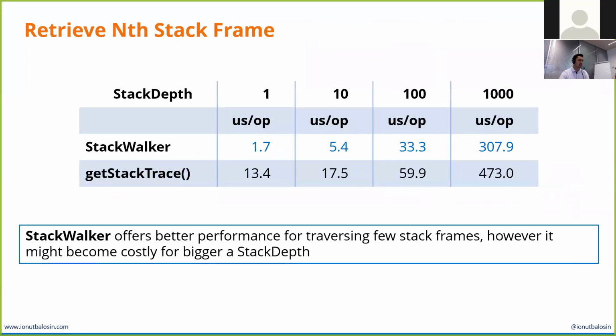In terms of comparison, as you can see, in the case of the StackWalker API, in all the cases it was better, especially if the number of frames is quite small, for example 10, there is a big discrepancy between this one and getStackTrace. However, if you increase the number of frames which are inspected by both StackWalker and getStackTrace, they will probably be closer, but for few frames, the StackWalker API proves better.